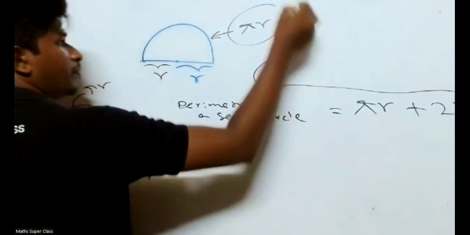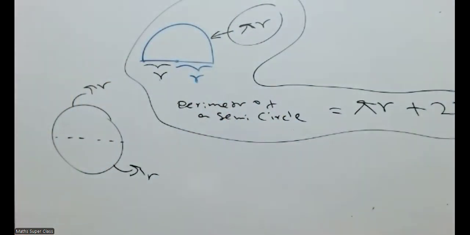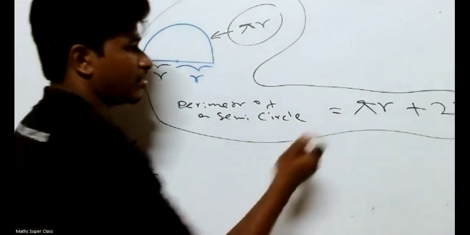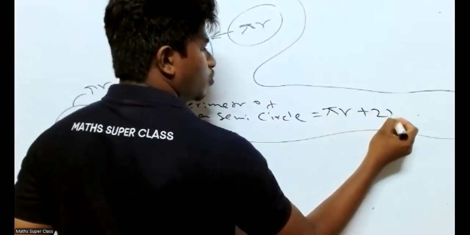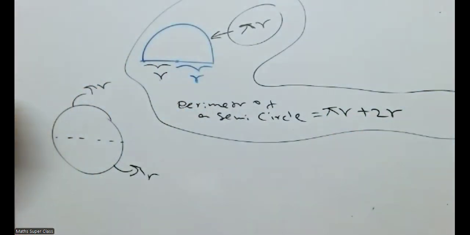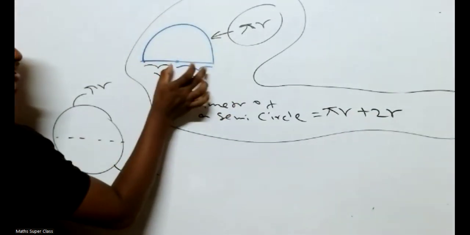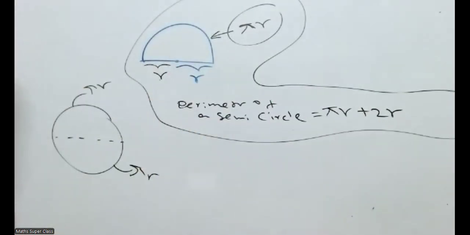So perimeter of a semicircular lamina or semicircle means pi r plus 2r. This is pi r, this length, and this part r, and this is also r. R plus r, 2r. So pi r plus 2r. This is the semicircular part.